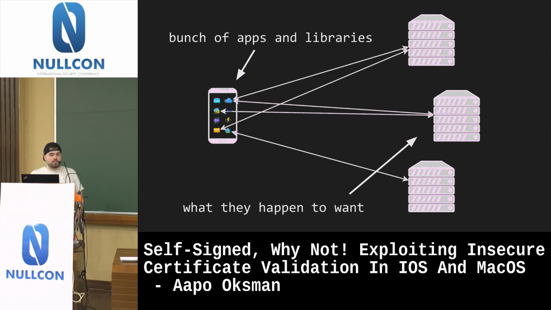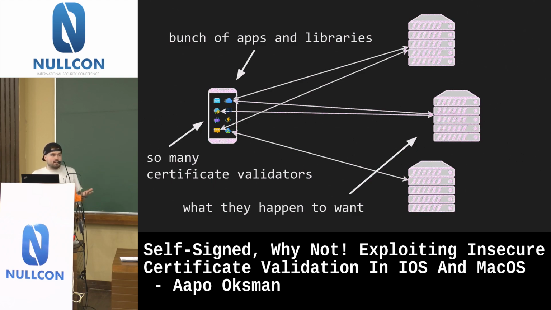The problem comes when you are testing, for example, an iPhone. You have the iPhone, it has a bunch of apps and libraries, and they are all connecting somewhere. There happens to be something that they want. And the problem here is that you have so many different certificate validators inside the iPhone.